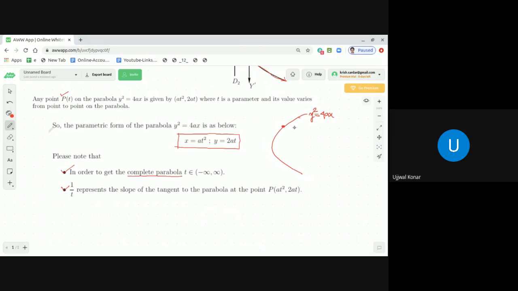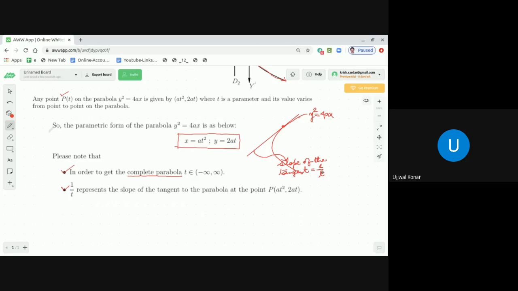Now if you take a point here and draw a tangent at this point, the slope of the tangent is equal to 1 by t.